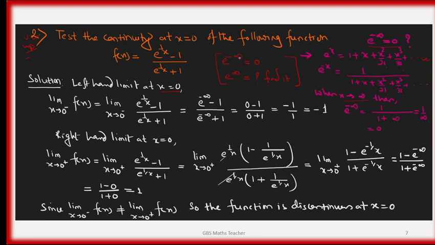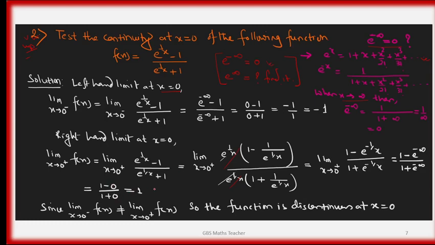As we know e to the power minus infinity is 0, taking e^(1/x) common in numerator and denominator, the remaining terms are (1 - e^(-1/x))/(1 + e^(-1/x)), and the common factors cancel. As x tends to 0 plus, 1/x is infinity, so e^(-1/x) is e to the power minus infinity, which is 0.